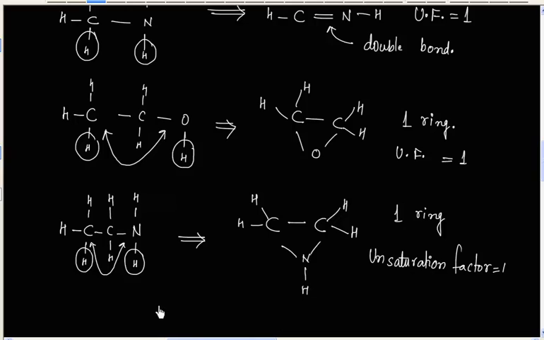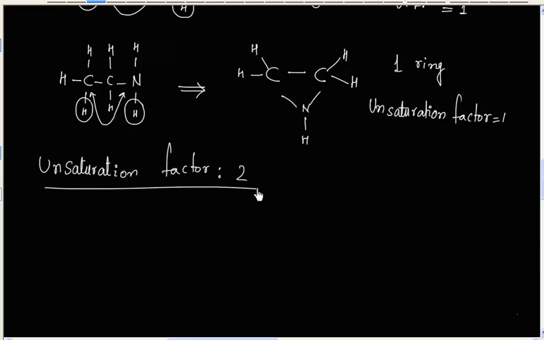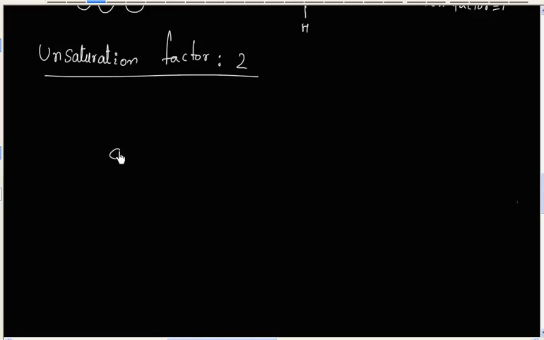Now let us discuss unsaturation factor 2. We discussed unsaturation factor 1. Whenever you have unsaturation factor 1, you can have a ring or you can have a double bond. Now let us say unsaturation factor 2. Let us consider this compound.